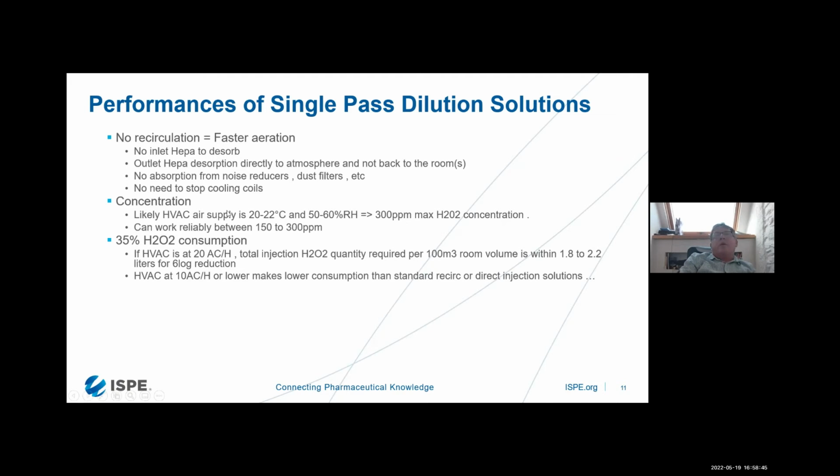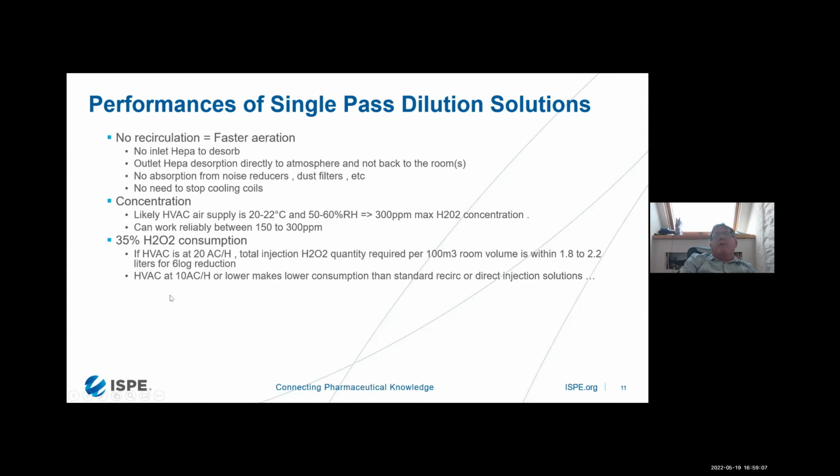So if we go for the average of 20 air exchanges per hour, then we need about 1.8 to 2.2 liter for 100, where on a recirculation it's more around 1 to 1.5. So it's not so much more.